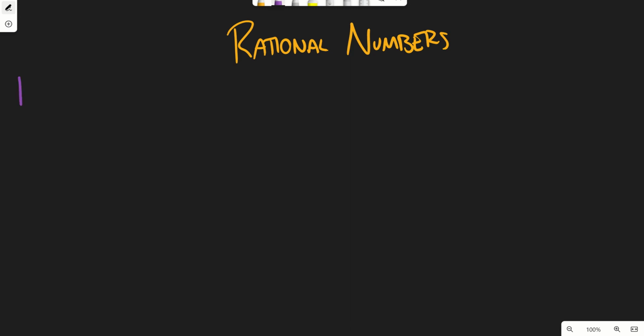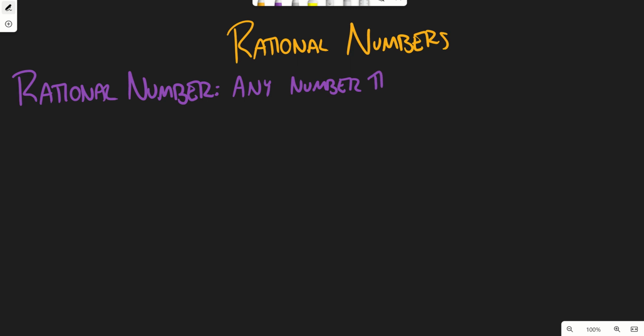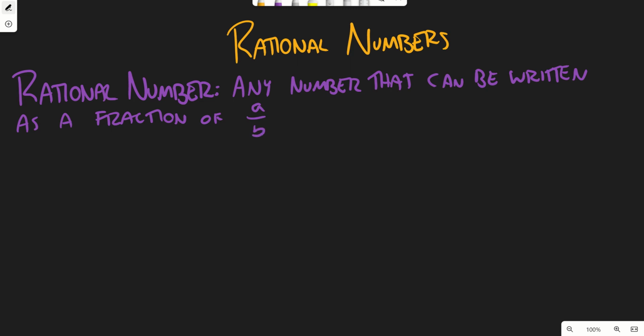A rational number is any number that can be written as a fraction of a over b, and b cannot equal 0.